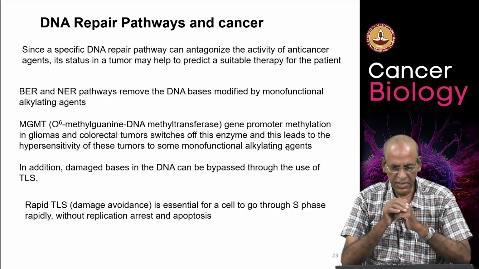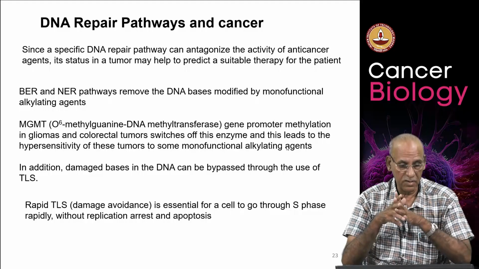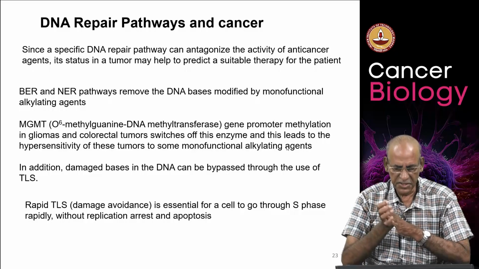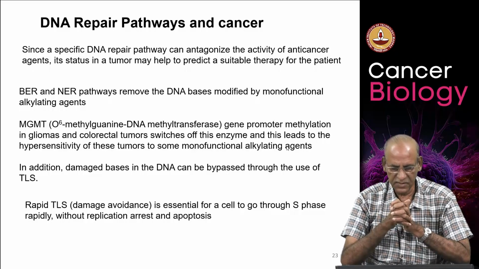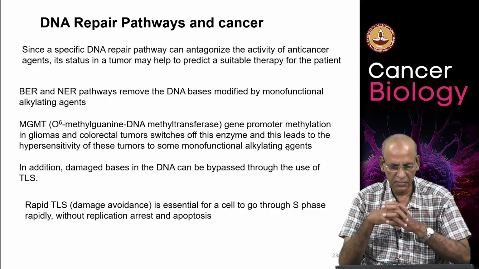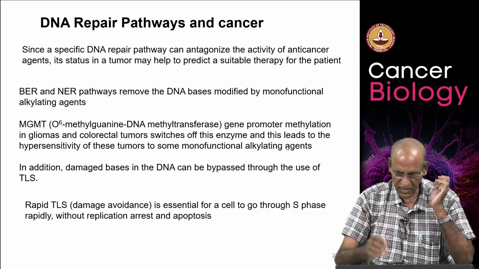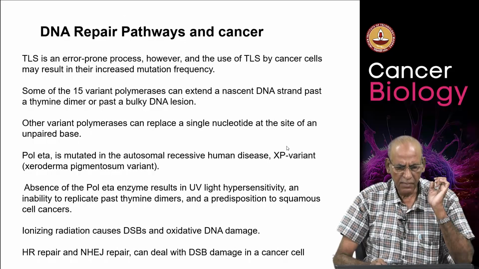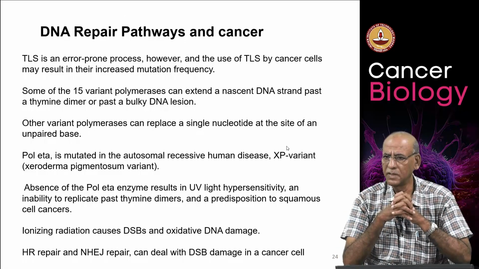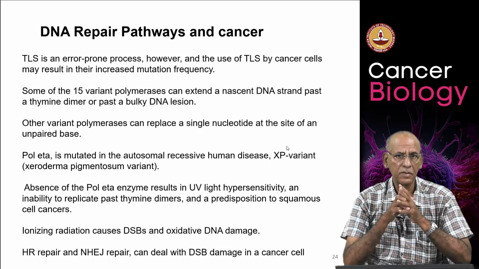In addition, damaged bases in the DNA can be bypassed through the use of TLS, translesion synthesis. Rapid TLS is essential for a cell to go through S phase rapidly without replication arrest and apoptosis. TLS is also not a perfect process, it is an error prone process.